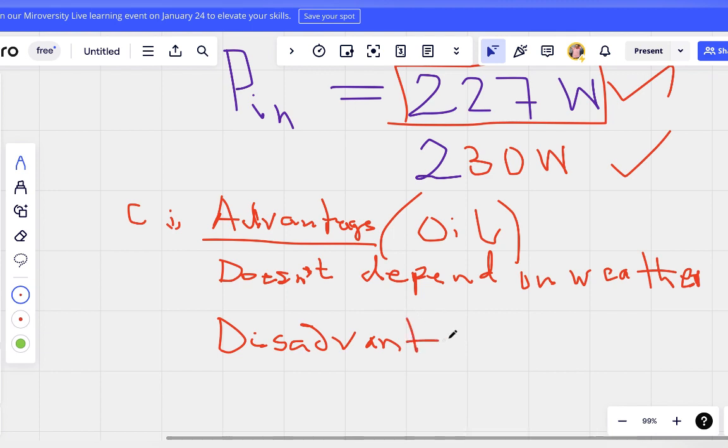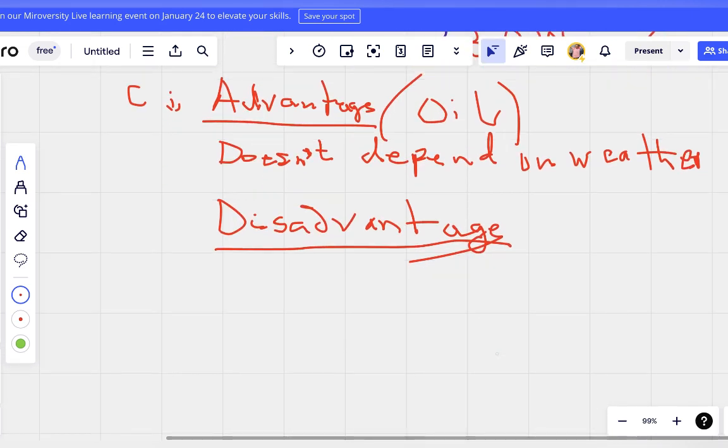It pollutes the environment with SO2 gas and CO2 gas, and it is capable of releasing greenhouse gases. So they just want one advantage, one disadvantage. So pollution, releasing SO2.